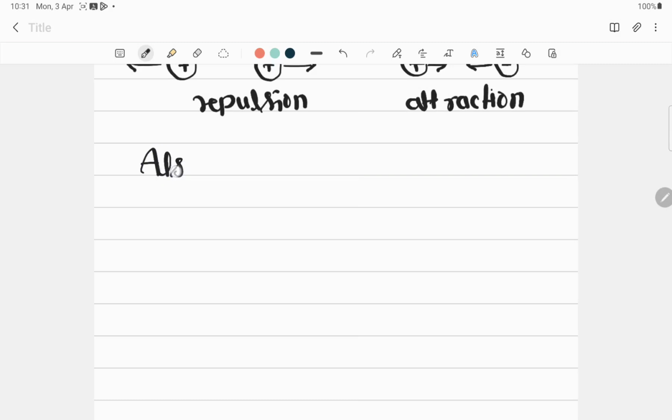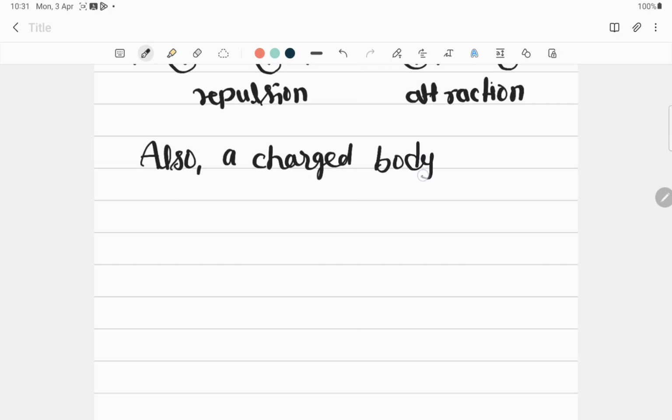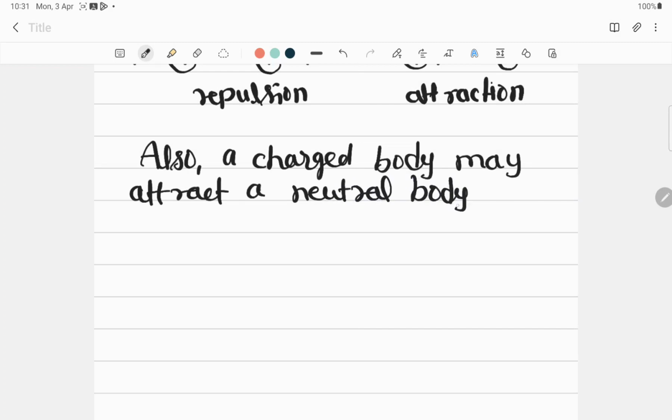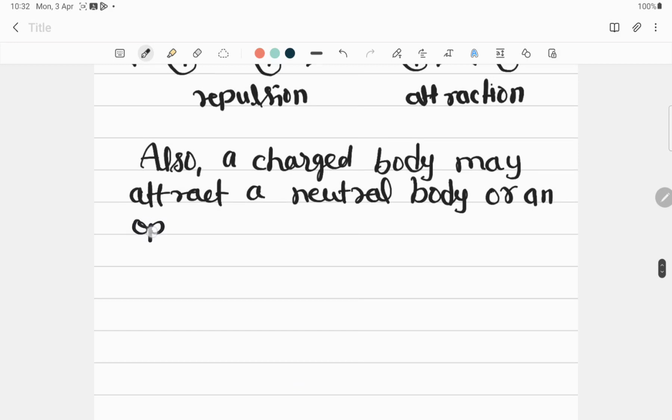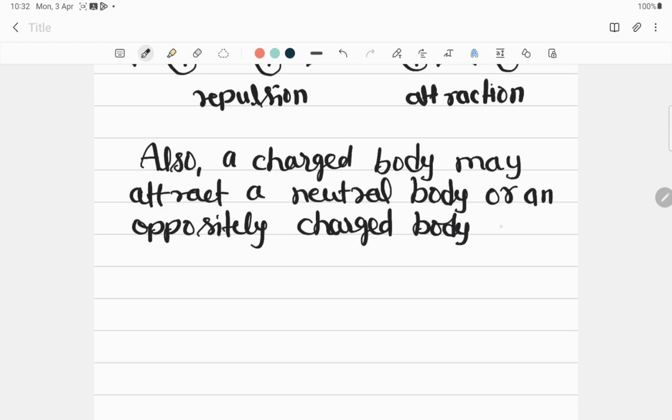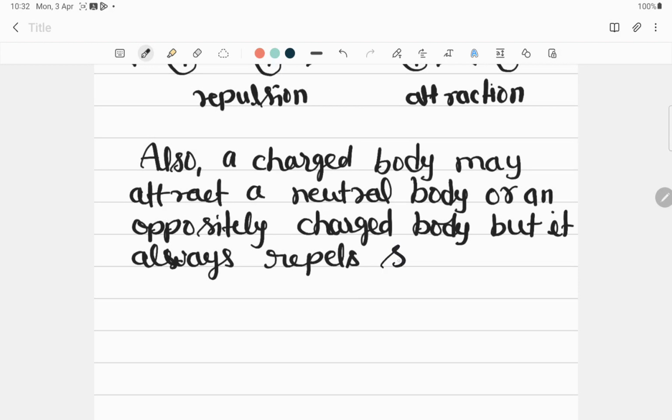Also a charged body may attract a neutral body or an oppositely charged body, but it always repels similarly charged body.